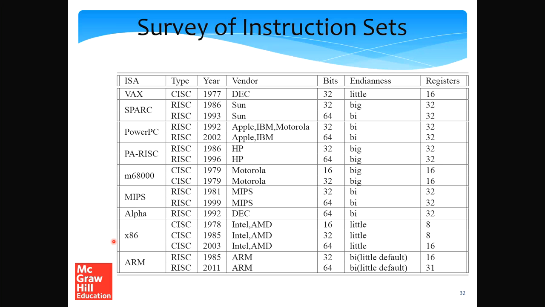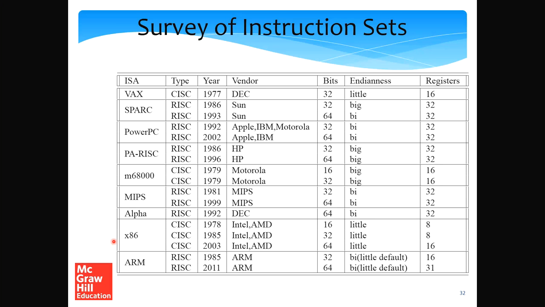This x86 instruction set is now an open standard, so it is used by AMD and by many other vendors as well. Since the standard is open, readers can implement their own processors with the x86 instruction set. Around 1985, Intel transitioned to a 32-bit instruction set, again with 8 registers.